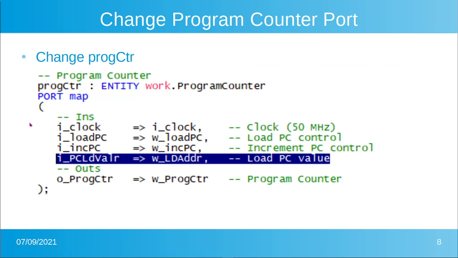The program counter change to do that is here. It shows the PC load adder address value being set or mapped to load the PC. When an RTS is encountered or for any of the jumps, it prepares it and has it ready to load.